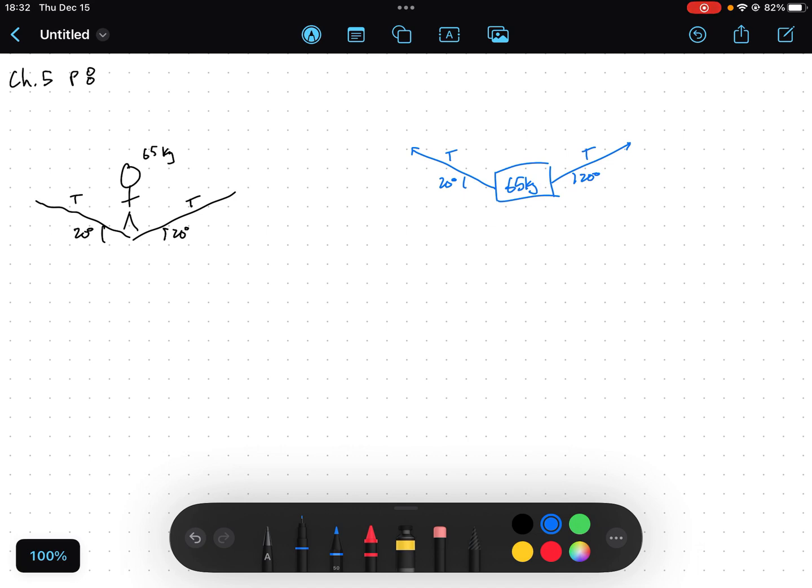And then there is the force of gravity straight down that's equal to the person's mass times g, which is either 10 or 9.8.